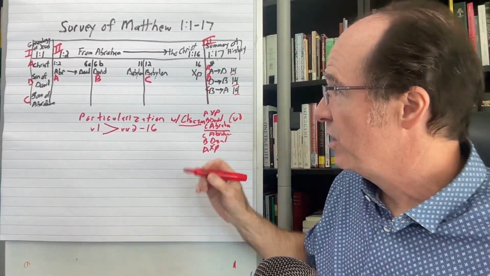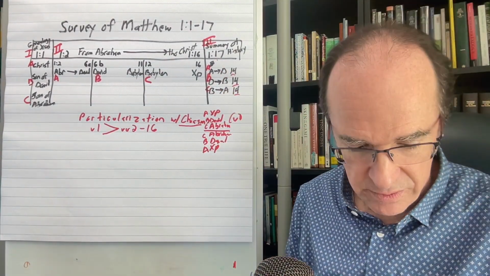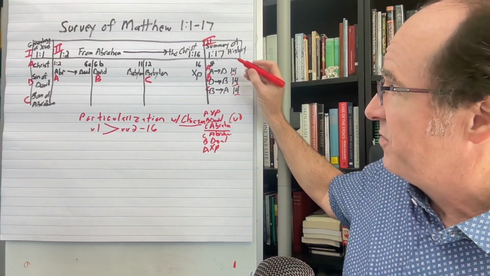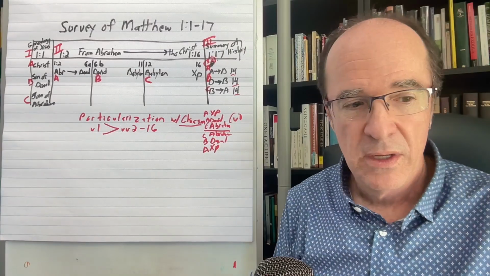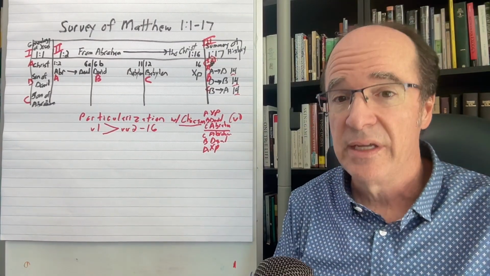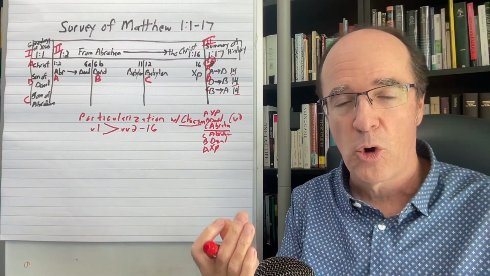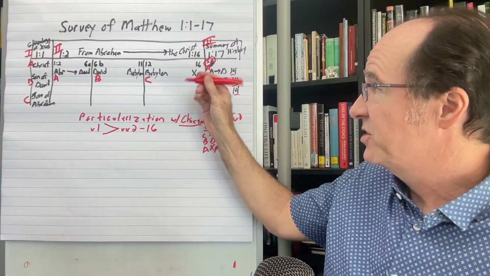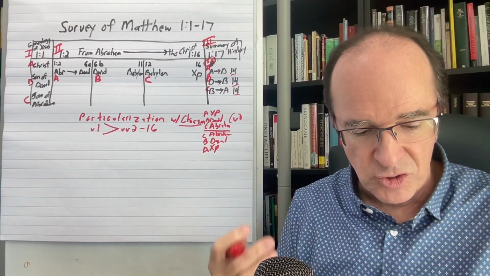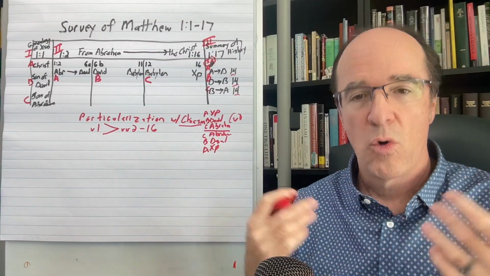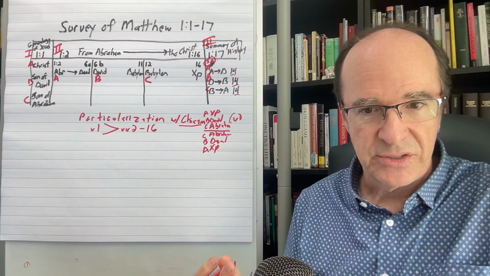Now you may have noticed, and it depends on your translation, but in verse 17 you get a word like "so." This is explicit in the Greek text. There's actually a particle here that connects verse 17 to verse 16, so an English translation might have "so" or "then" or "thus."